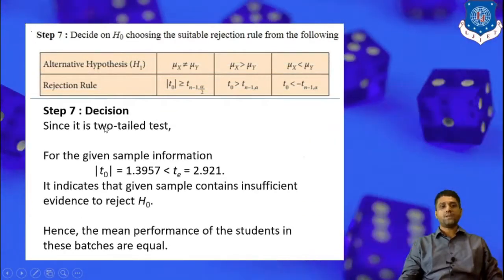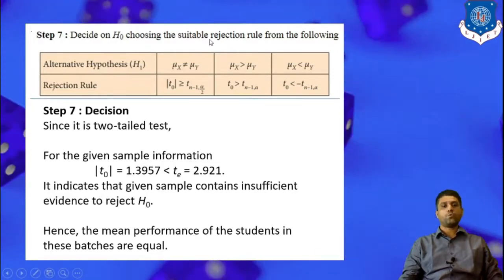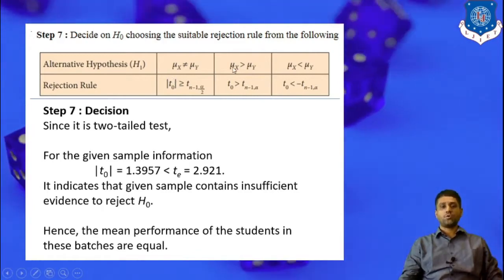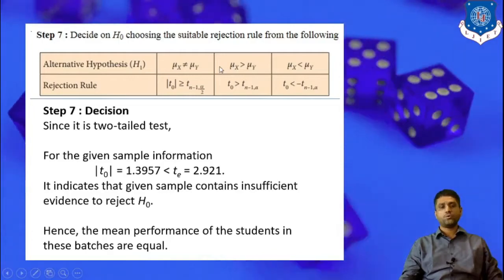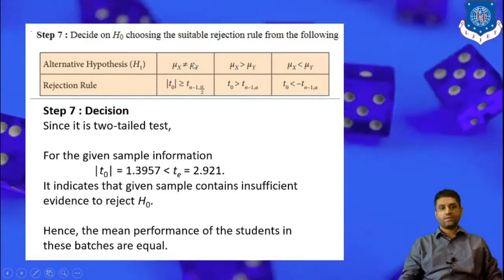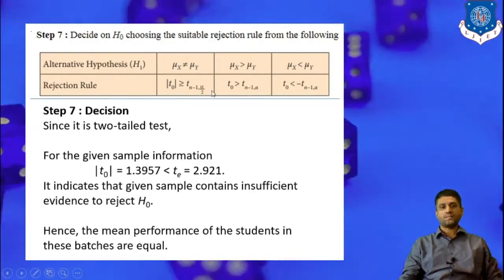So finally, in step number 7, we have to give our decision. In this margin, we write down step number 7, the rejection rule, which I discussed earlier when we saw the procedure. This is the two-sided alternative test, and the null hypothesis is rejected if it satisfies this condition.